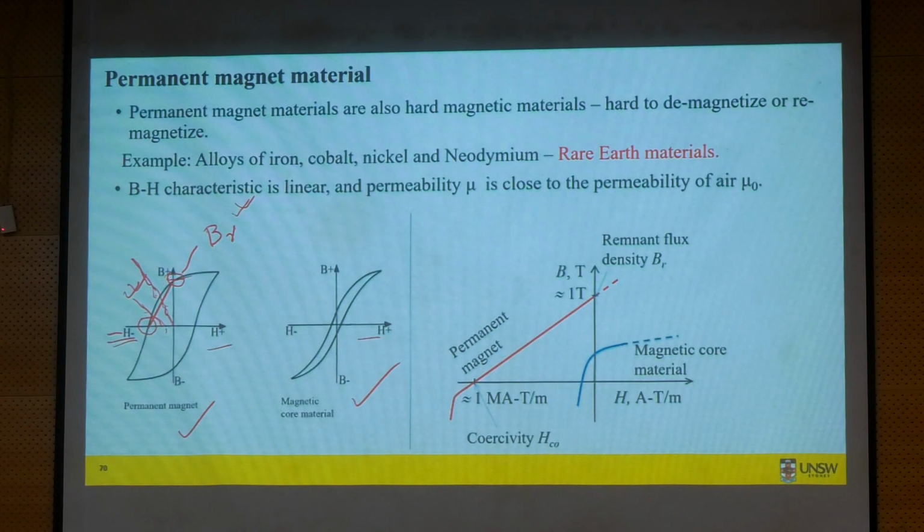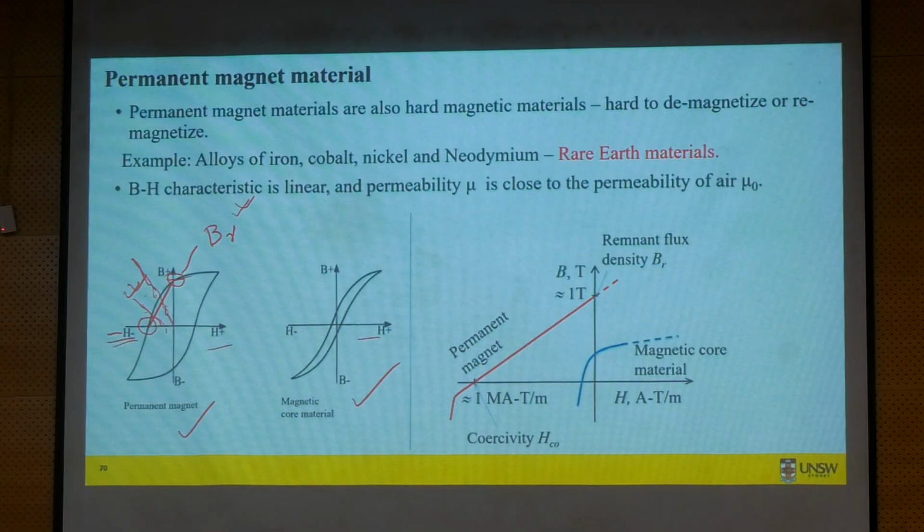Because this demagnetization region, this second quadrant, is the most important property that we are interested in when we want to use a magnet. That's why we don't look at the whole hysteresis loop or BH loop.